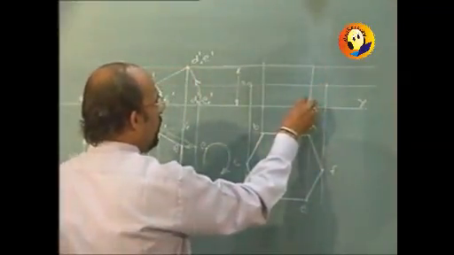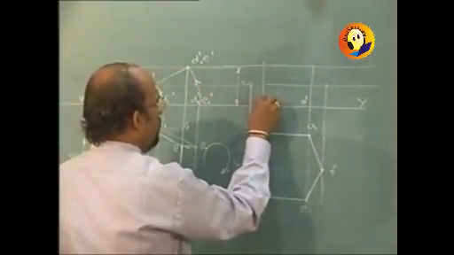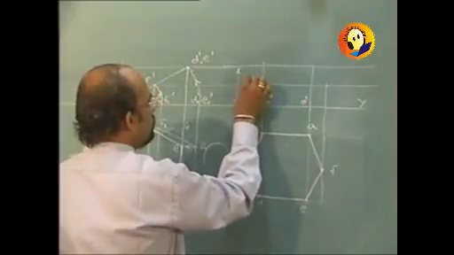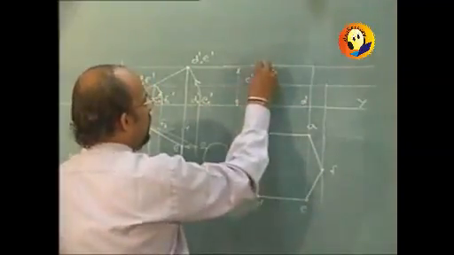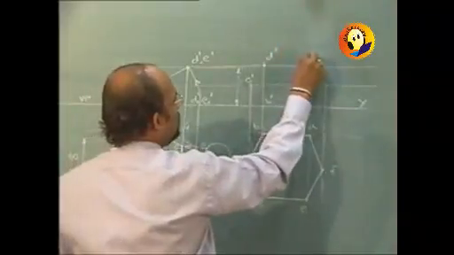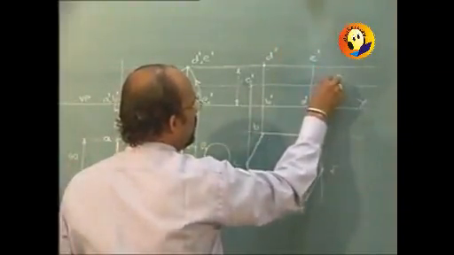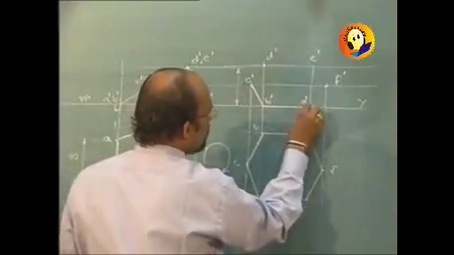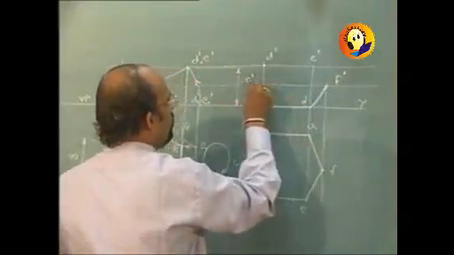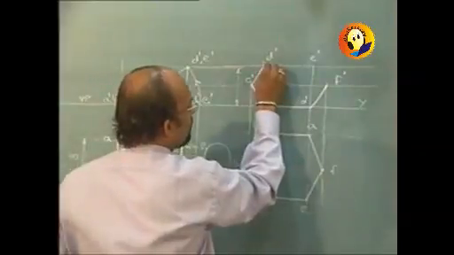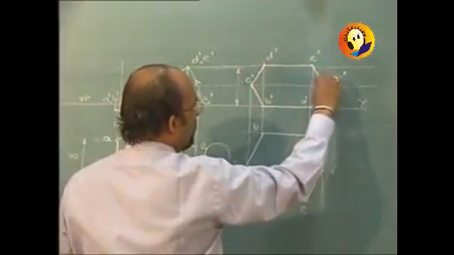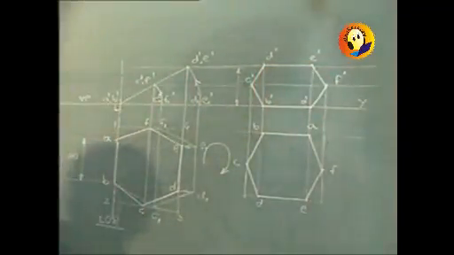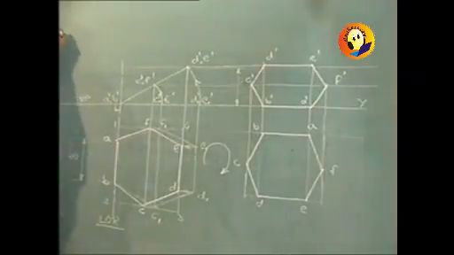And you will get points A dash, B dash, C dash, D dash, E dash and F dash. Join them in sequence to obtain the final elevation. That will be problem number 4.